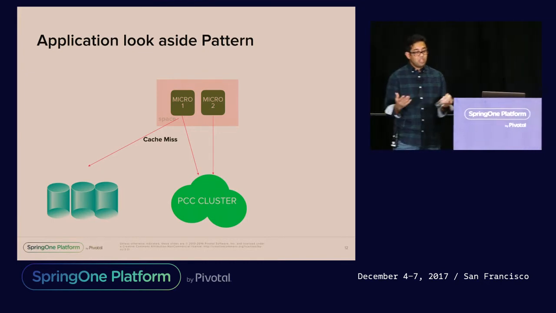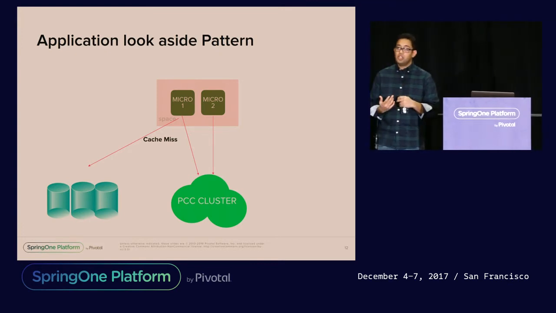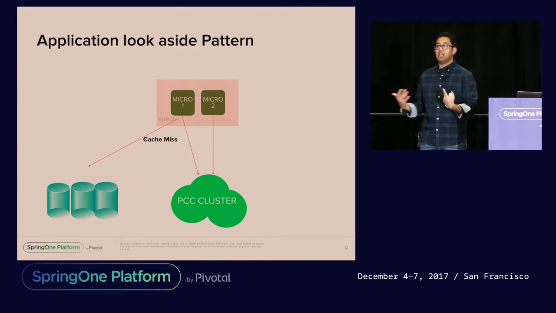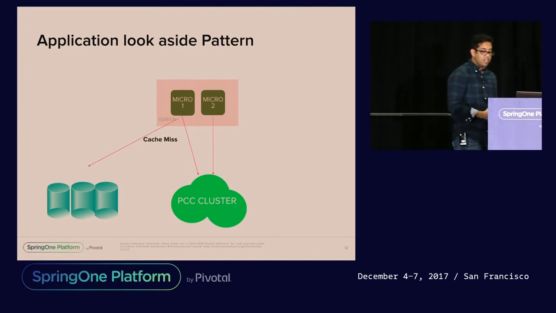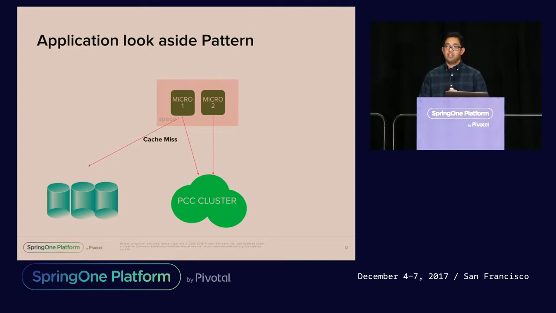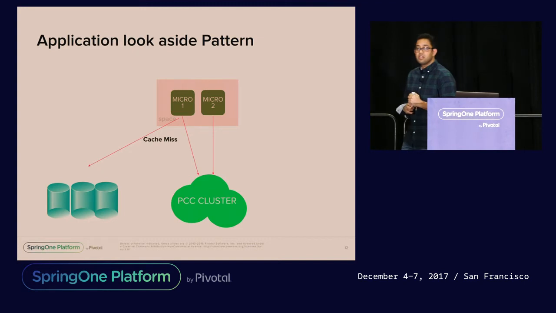So it's the responsibility of the application to manage the consistency between the database and a cache, hence the look-aside cache pattern. So cache misses are expensive, but otherwise it's a pretty performant pattern, a lot of time pretty useful for a lot of folks, but does have its pros and cons.